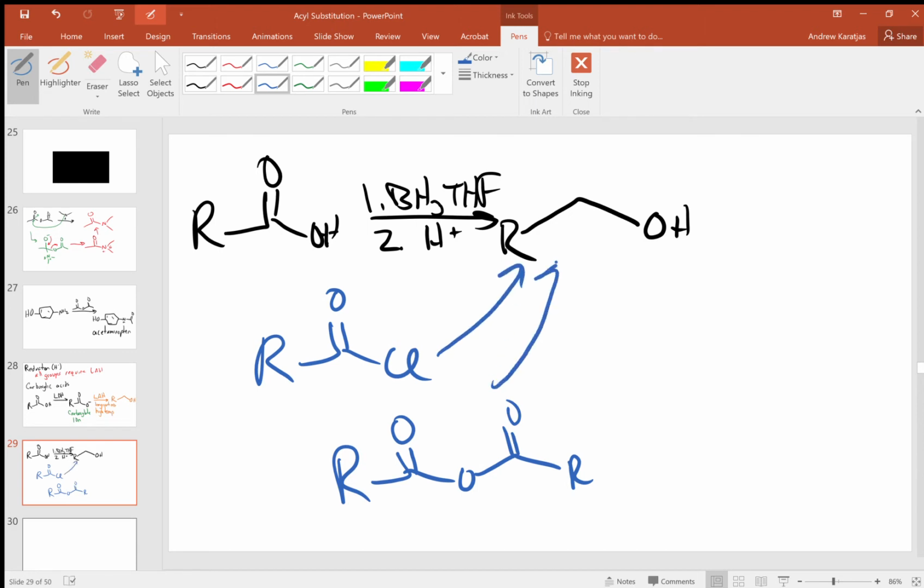It's just, as we've said, normally if you want to have an acid chloride or an anhydride, you're going to make them from a carboxylic acid. Well, given that you're going to get the same product as you would if you just reduce the carboxylic acid directly, there's probably not much point in using two steps if one step will do the same thing.